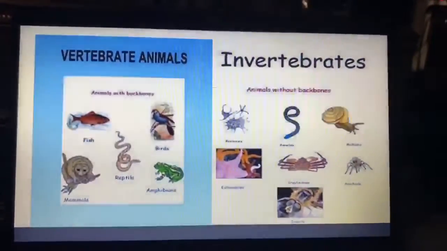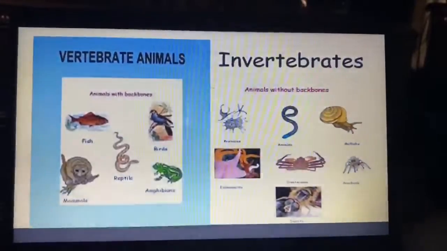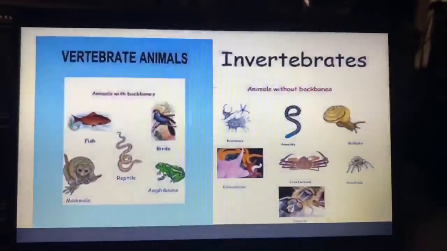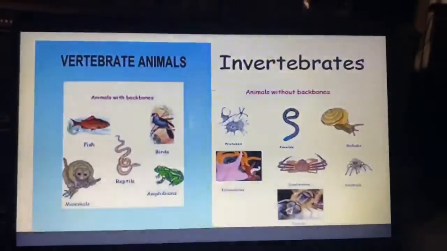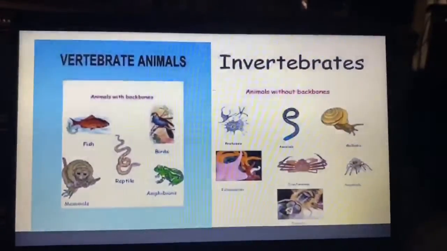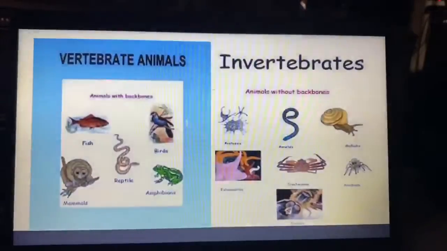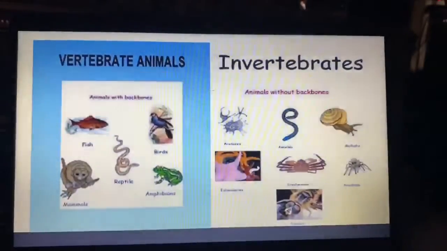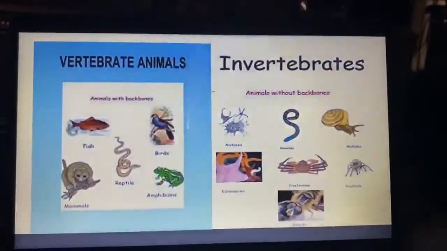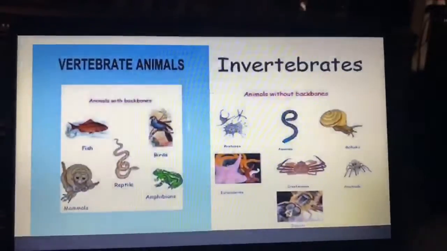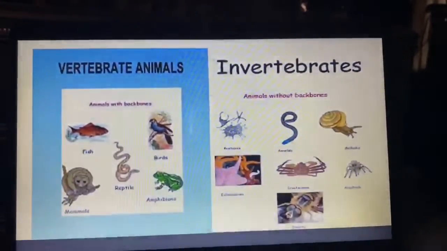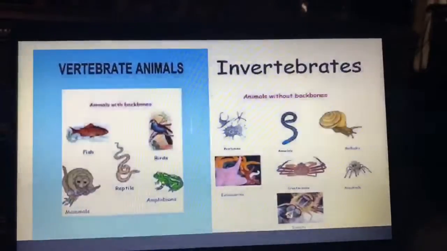Invertebrates don't have a backbone, so that's what makes them different. But the vertebrate and the invertebrate have something in common. They are born, they live, and they die. It doesn't matter how long it takes for it to happen. Both groups have to do that.